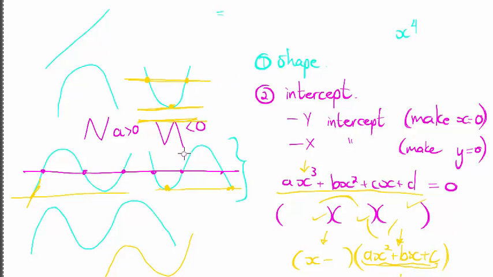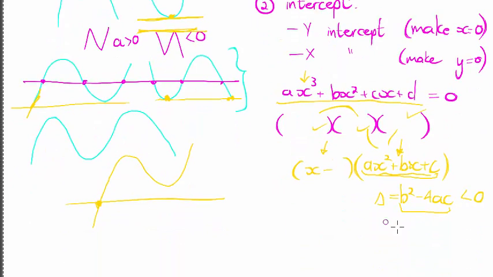Now, how will I know? I can look at the discriminant. The discriminant tells me the nature of the roots. If my discriminant, b squared minus 4ac, is bigger than 0, I will have 2 roots. If it's equal to 0, I will have 1 root. If it's less than 0, I have no roots because I'm taking the square root of a negative.